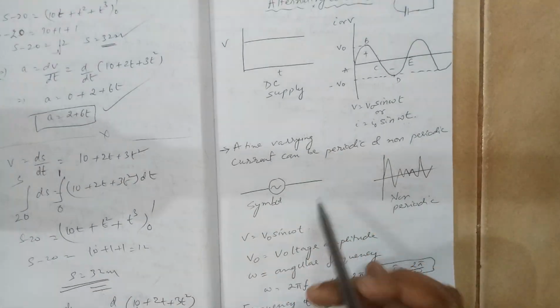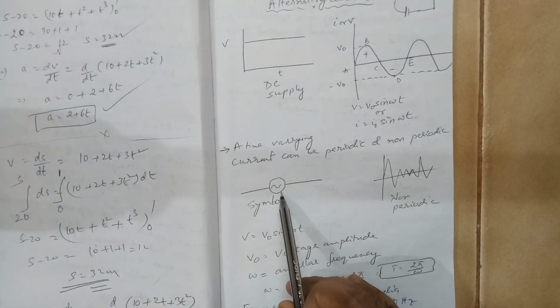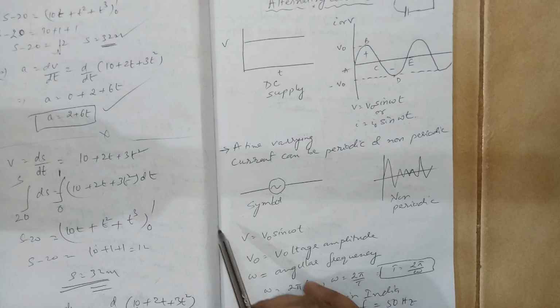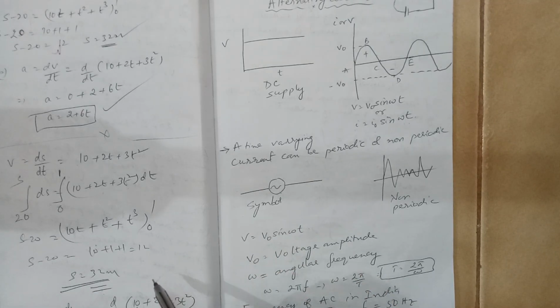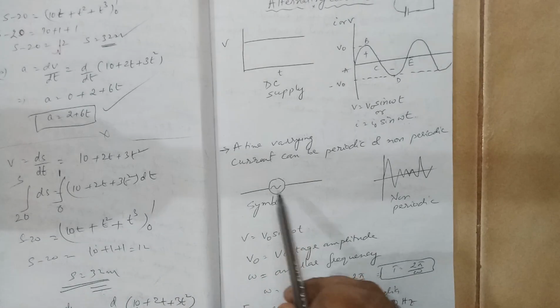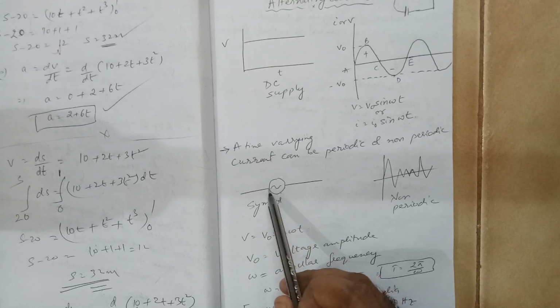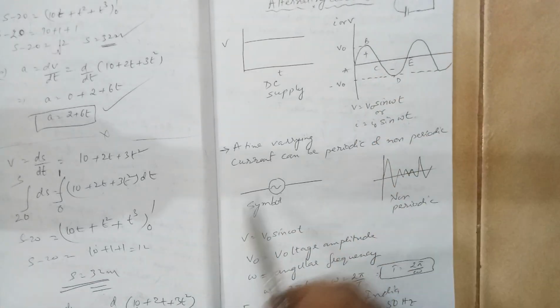Alternating current, the symbol is shown like this. Whenever you find this kind of a symbol in a circuit, that means you are dealing with AC. You have a circle and you have a variation like this.